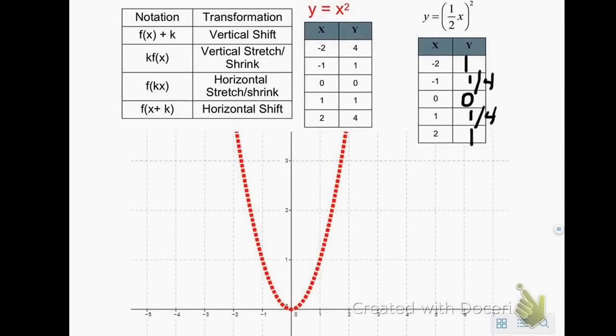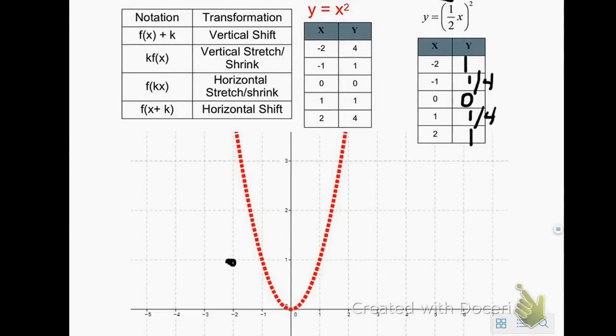Here's another example. I've included my 1/2 inside the parentheses. I want to compare parentheses 1/2 x parentheses squared to the parent function. So if I graph my table values, I have -2, 1, -1, 1/4, 0, 0, 1, 1/4, and 2, 1.